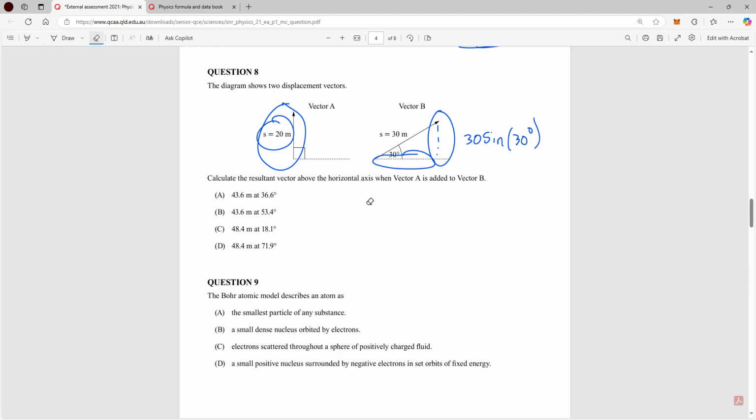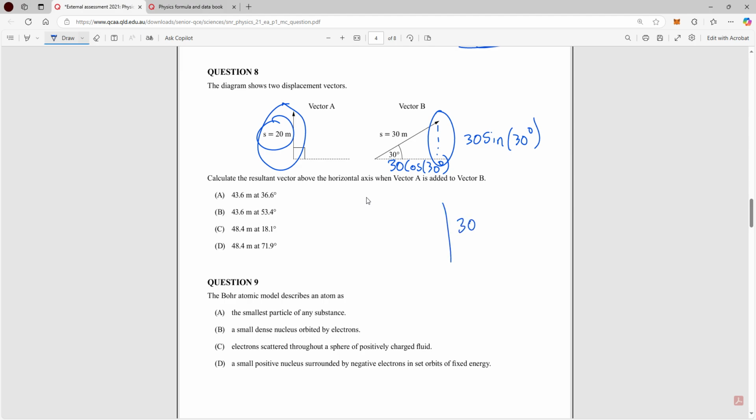And this horizontal component here will be 30 cos 30, okay? So when we add the two vectors together, as your vertical component, we're going to have 30 sin 30 degrees plus the 20, okay? And then this will still be our horizontal component because there is no horizontal component with this vector here. It's strictly vertical. So that'll be 30 cos 30 degrees.